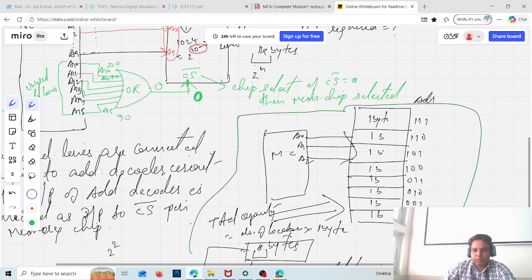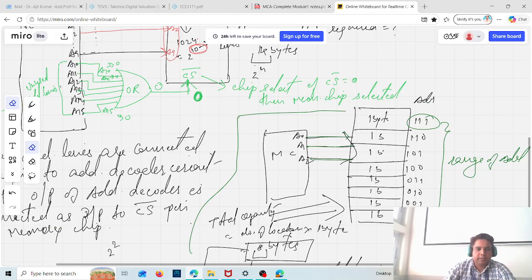In this case, when all three address lines, A0, A1, and A2, were connected directly to the memory chip, the last address was three ones and the first address was three zeros. Similarly, when we had two address lines, the first address was 00 and the last address was 11. Now, this is called range of address.